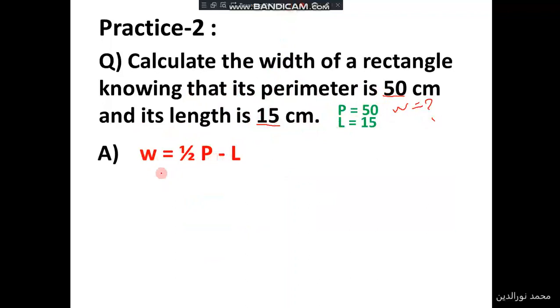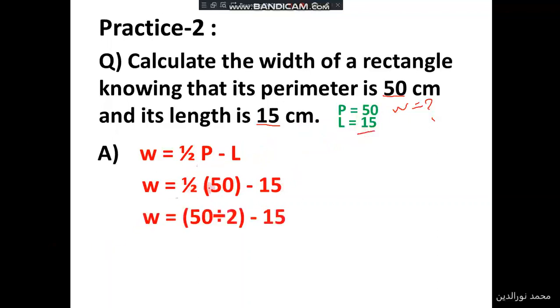The perimeter is 50, half of 50 is 25, minus the length 15. 25 minus 15 is 10 centimeters.